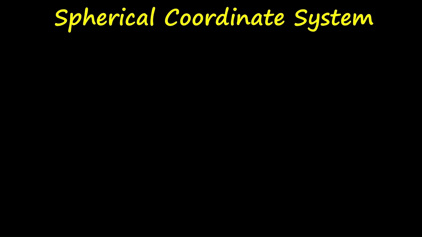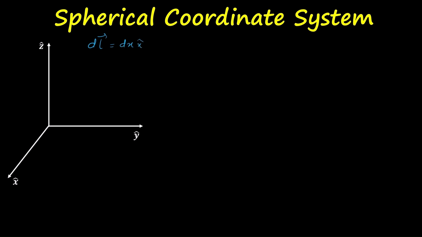Now in the Cartesian coordinate system, if I want to write the increment or infinitesimal displacement, I can write it as dx x cap plus dy y cap plus dz z cap. So dx is the increment along the x direction. Similarly, dy is the increment along the y direction, and dz is the increment along the z direction.